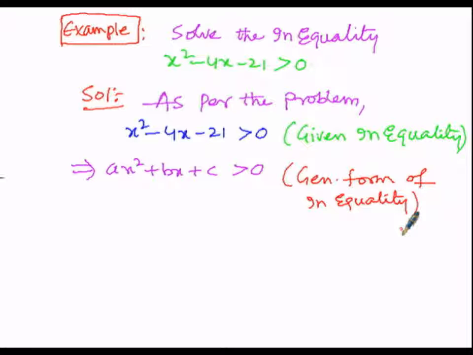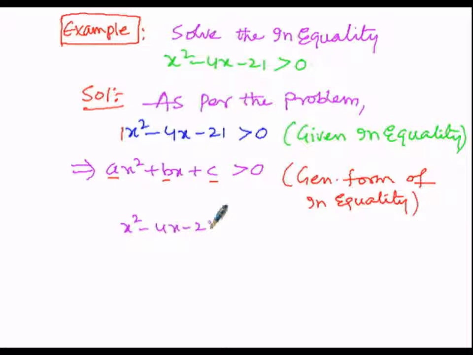By comparing, x square coefficient is a in the general form and 1 in the given, similarly x coefficient is b in the general form and minus 4 in the given inequality. The real constant is c in the general form and minus 21 in the given inequality. So now in order to solve x square minus 4x minus 21 greater than 0, that is the given inequality.